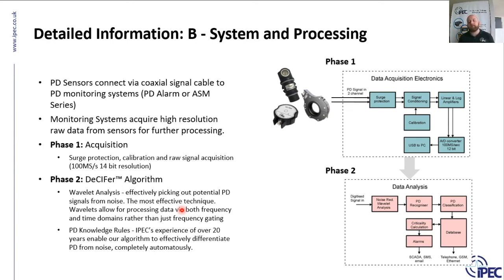Let's remember these PDs are very low in energy, very small signals, and the background noise is likely to be very large. As these small signals are detected by the sensor, along with a whole host of large background noise, using wavelet analysis we're able to pick out these small PD signals in the much higher background noise.